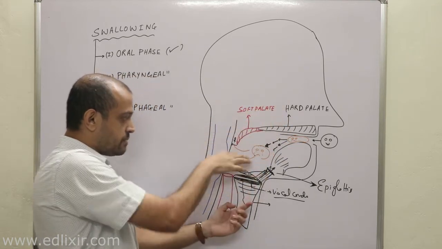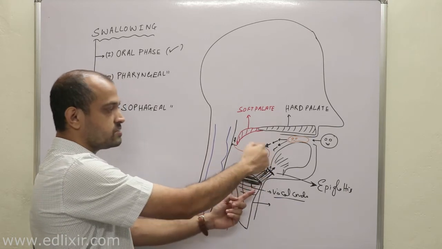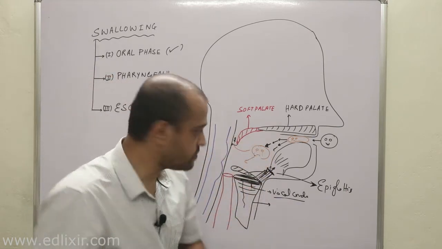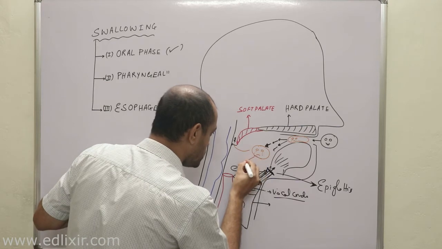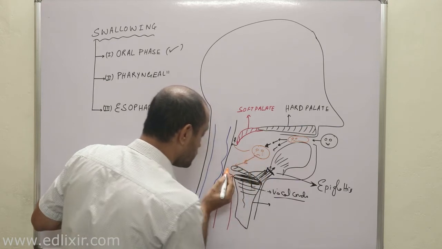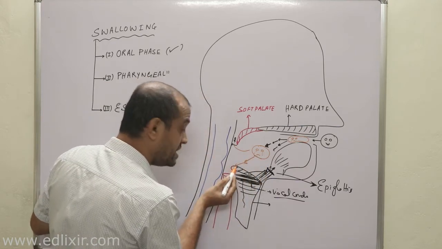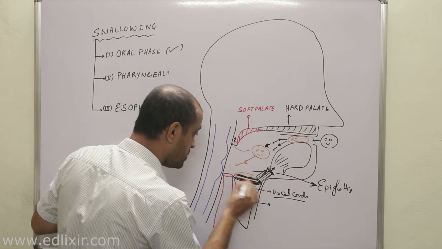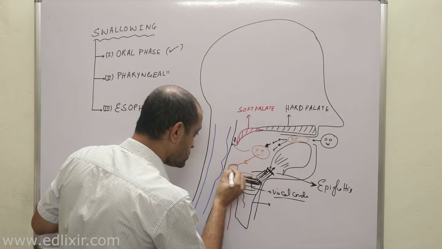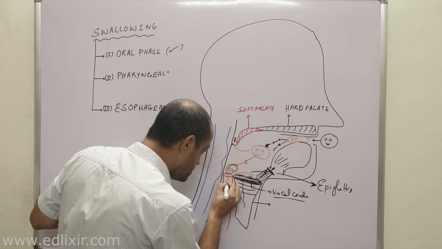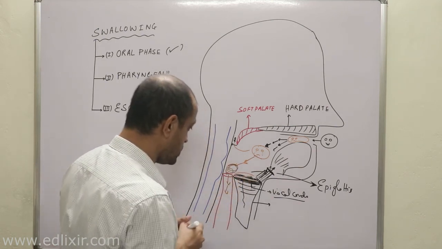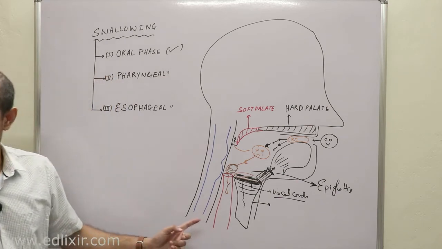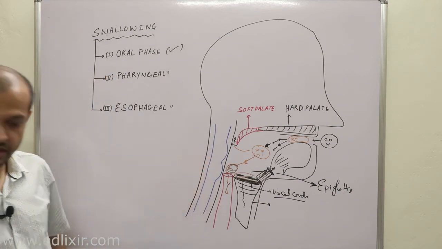That means the epiglottis will automatically close with the help of this bolus. So beautiful, right? When the bolus hits the epiglottis, within a fraction of a second the whole epiglottis closes, and the food bolus enters through your esophagus. Clear?